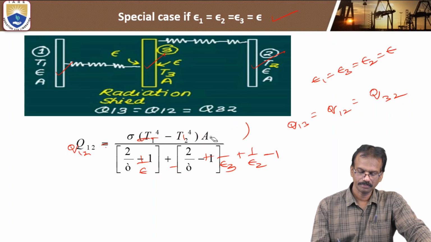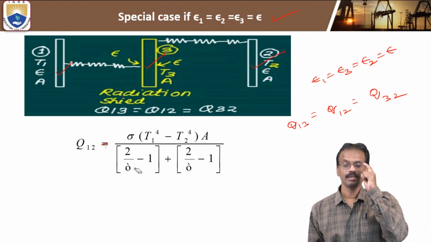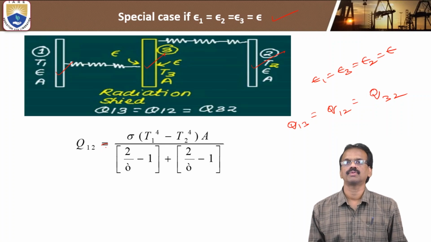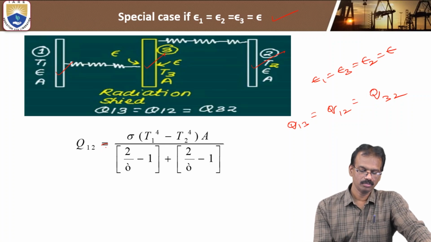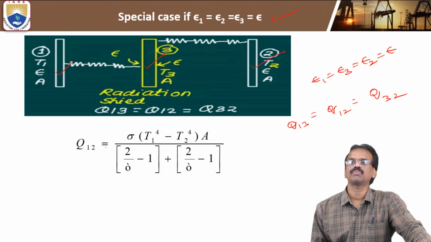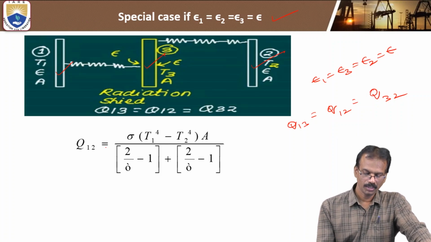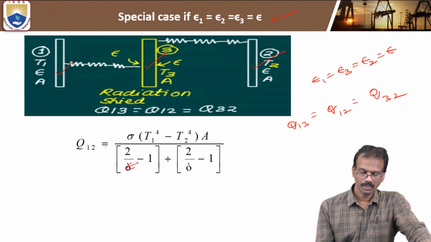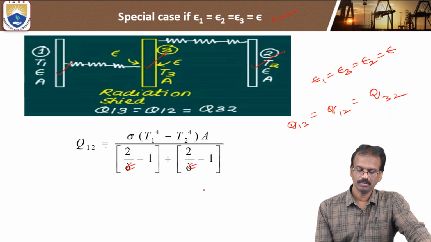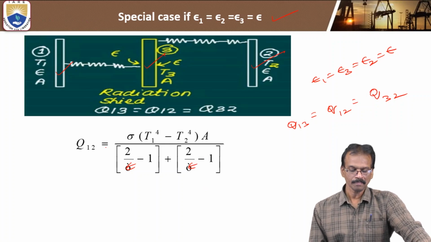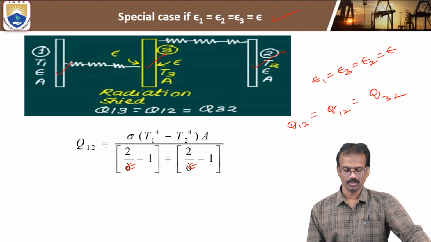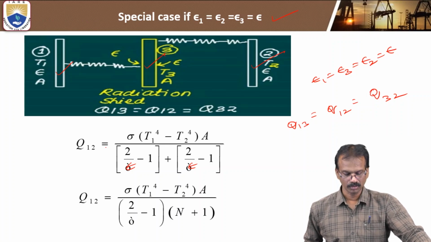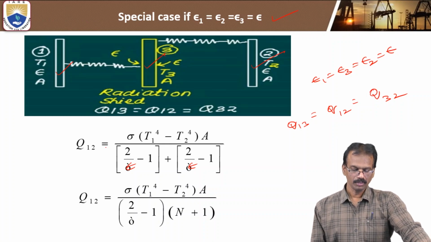Finally, Q12, the rate of heat transfer from surface 1 to surface 2 along with the shield, is equal to sigma A, T1 to the power of 4 minus T2 to the power of 4, divided by 2 by epsilon minus 1 plus 2 by epsilon minus 1. It means both are the same, so 2 into 2 by epsilon minus 1. So finally this is the formula.